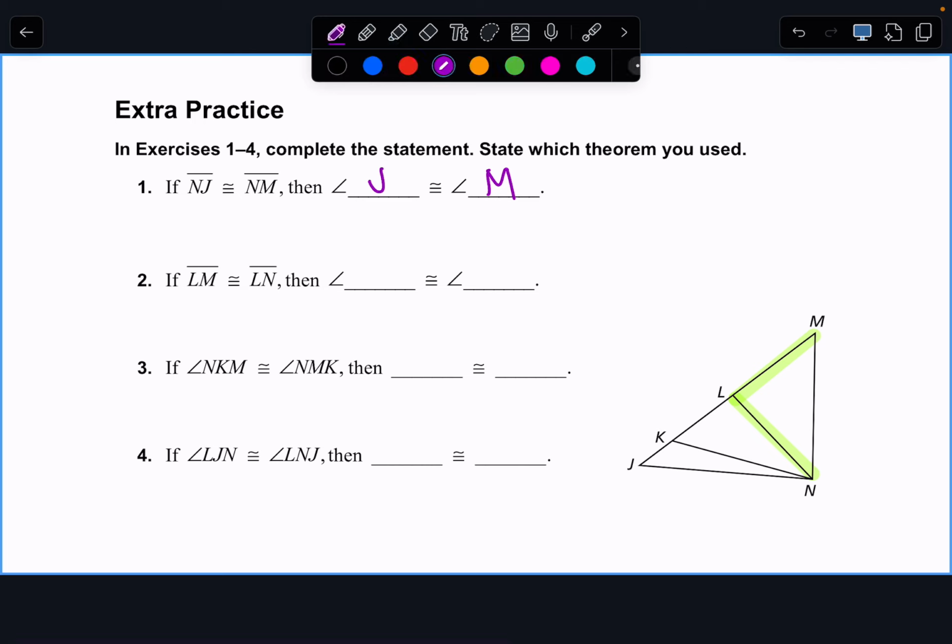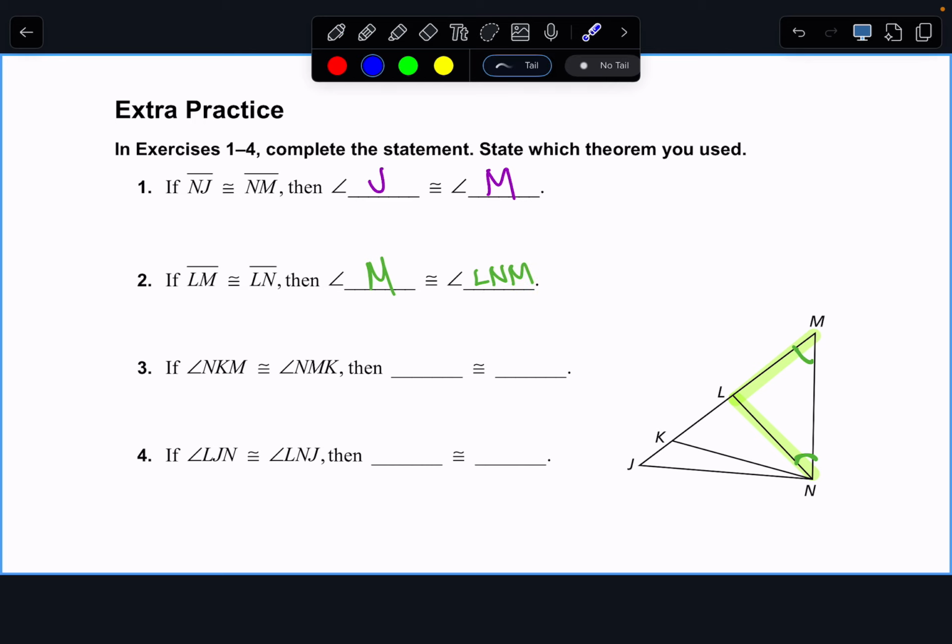What angles is this creating congruent? I agree with M. Can we call this angle N? No. Because there are like 7 different angles right there. LNM would be more appropriate.